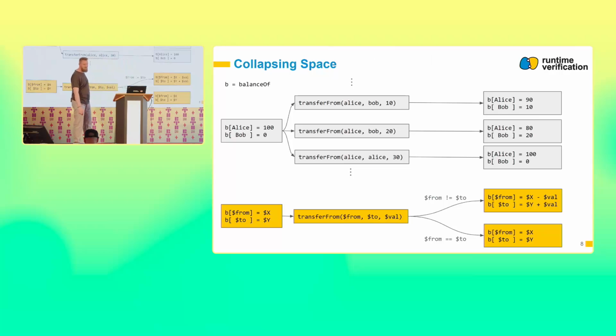In this yellow box we have a variable here, a variable here, and a variable here, and then we have the two abstract or symbolic successor states: one where the balance of the from address decreased and the balance of the to address increased, and then the case where the from address and the to address are the same address. That's the buggy case that we just explored in our debugging session, and then the balances should not change.